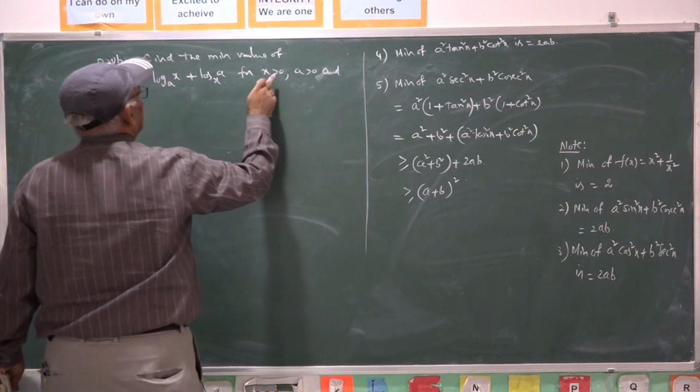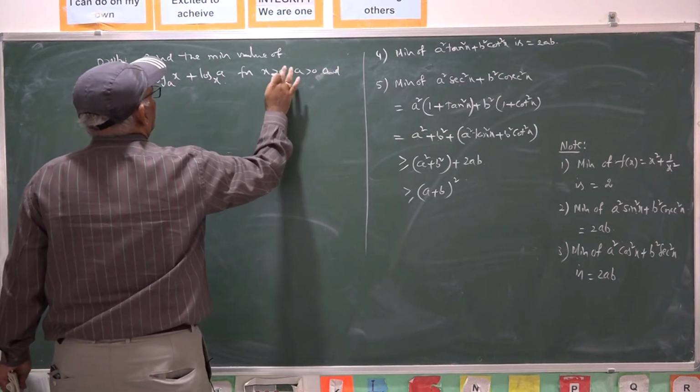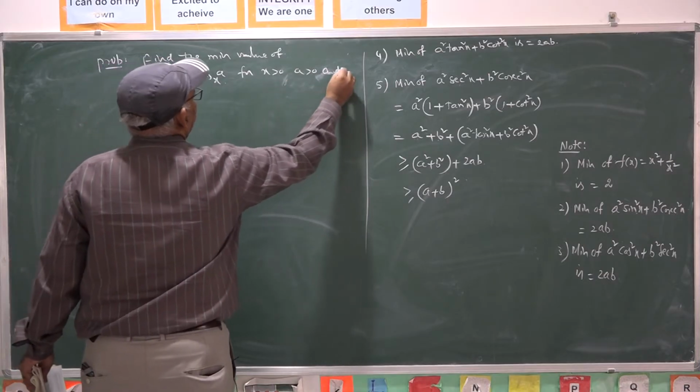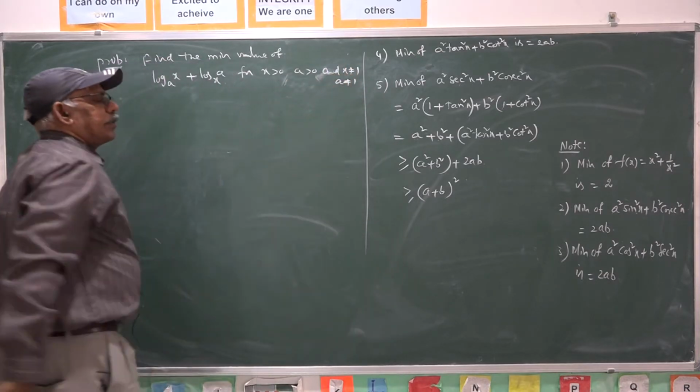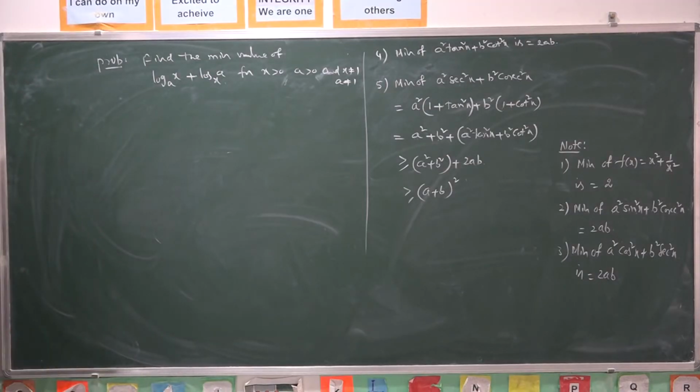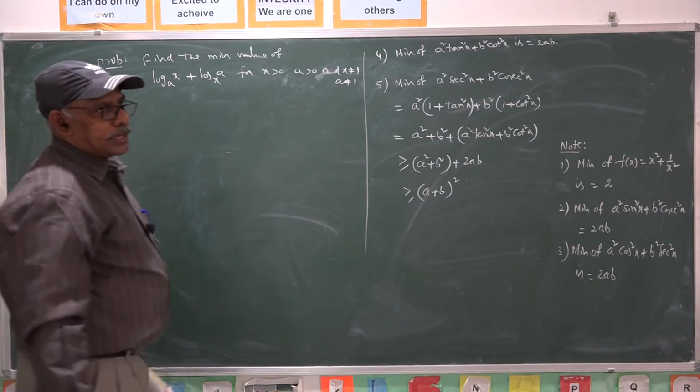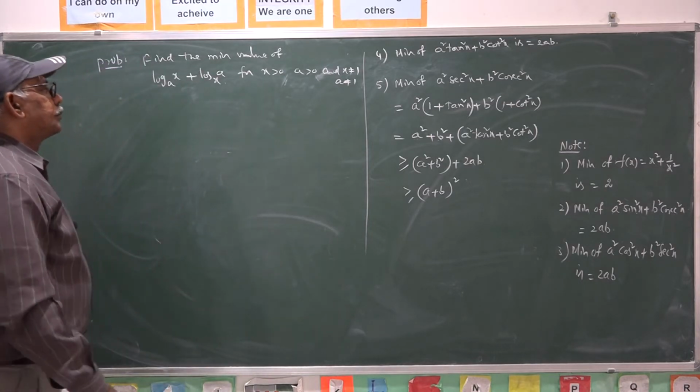X greater than 0 and of course x not equal to 1, whereas a also not equal to 1. Both are positive, and moreover x and a not equal to 1.